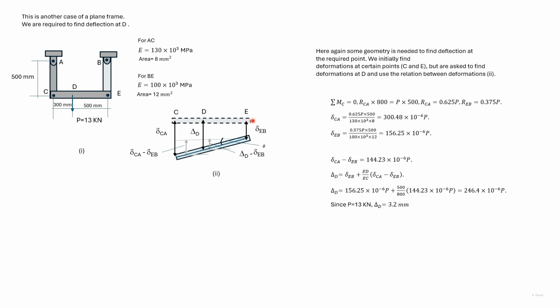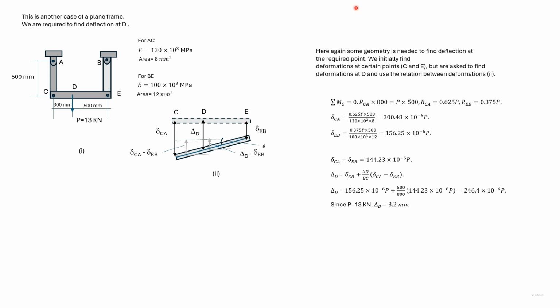So this line we have drawn for construction purposes to help with our calculation. So this portion is del CA minus del EB. Since we can find this portion, we also know CE. We can find tan theta.